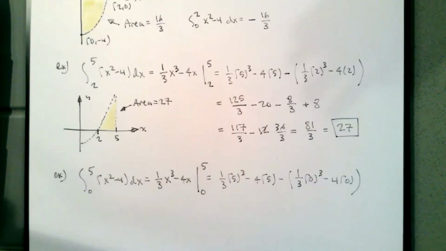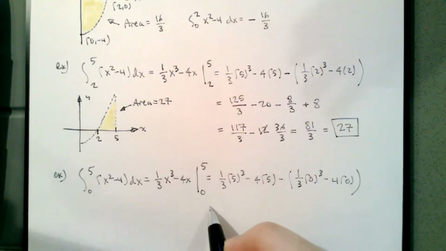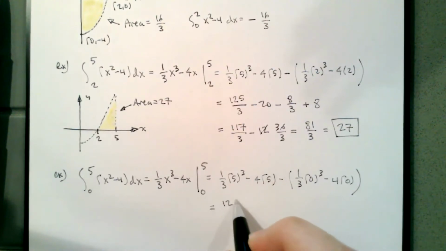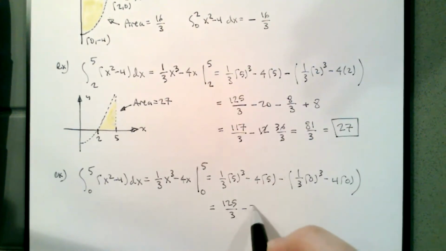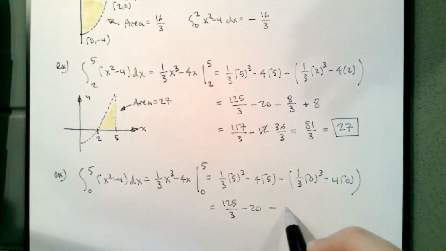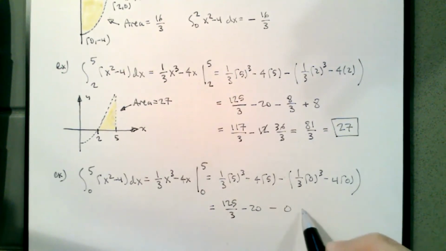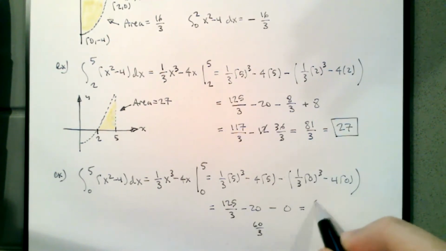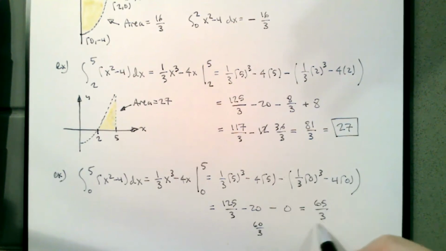So we get the first couple of terms from our previous integral. We get 125 over 3 minus 20, and then the rest is all 0. So 125 over 3 minus 60 over 3 is going to be 65 over 3.